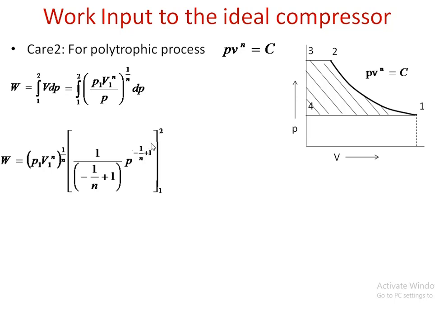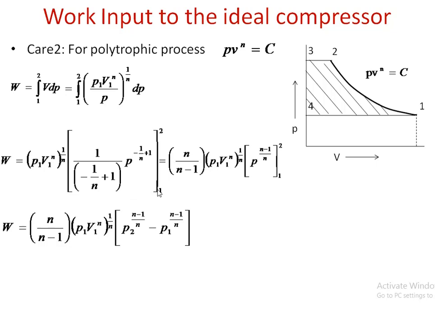So this integration power I take it here, 1 divided by 1 minus 1 by n plus 1. If I simplify this, simple algebra it is, 1 minus 1 by n will become n minus 1 by n. Similarly, this will become n minus 1 by n. So that can be written as n by n minus 1.